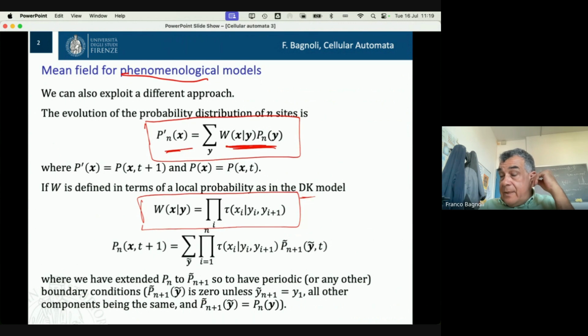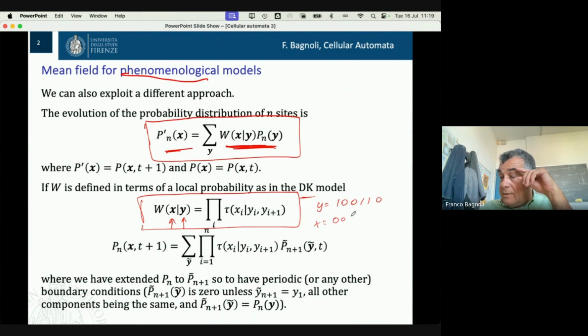So the probability of going from one configuration Y to another configuration X is the probability of having all local transitions. So for instance, Y is 1, 0, 0, 1, 1, 0.